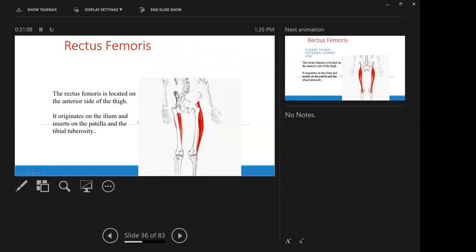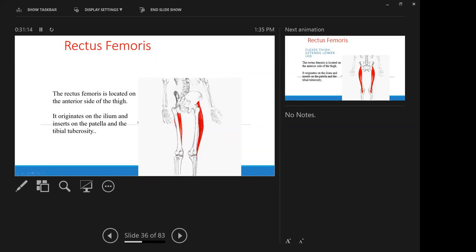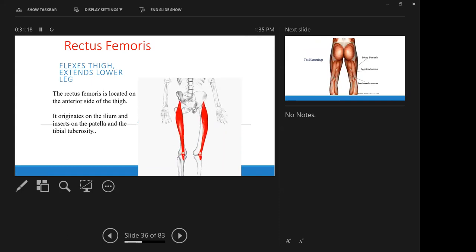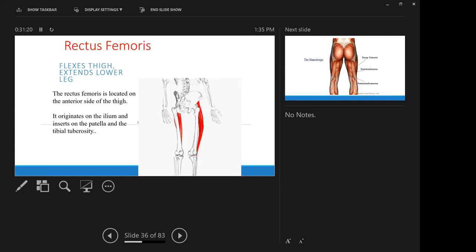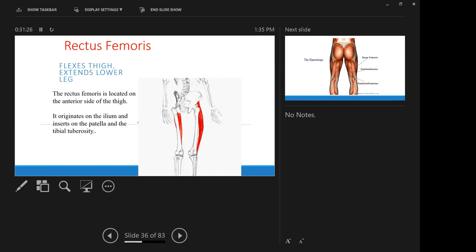So what does this muscle do? Well, the rectus femoris allows us to flex our thigh or extend our lower leg. We flex our thigh, or we extend our lower leg.